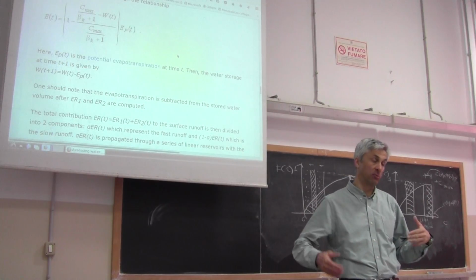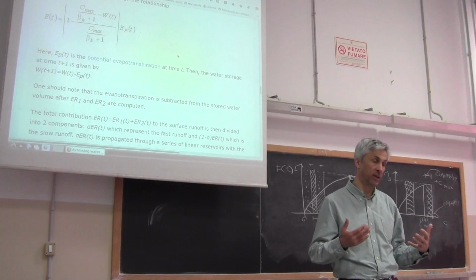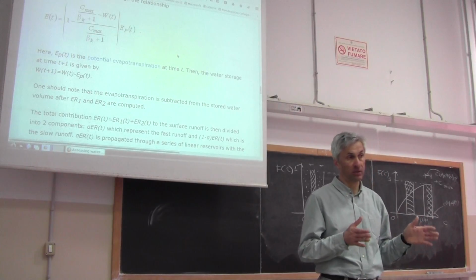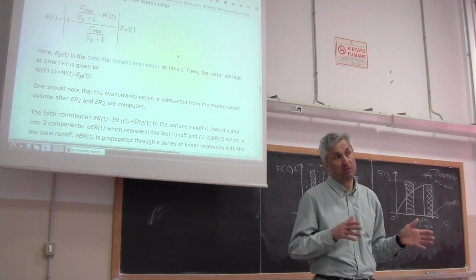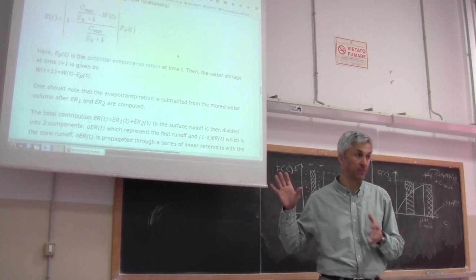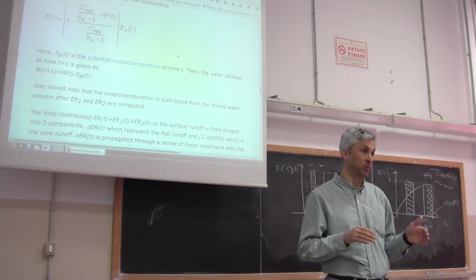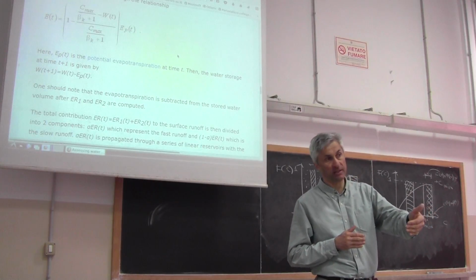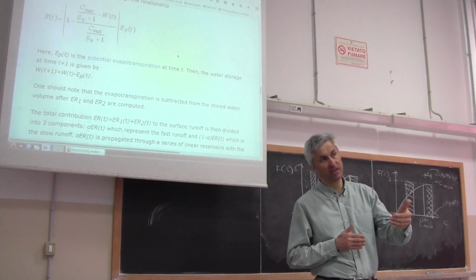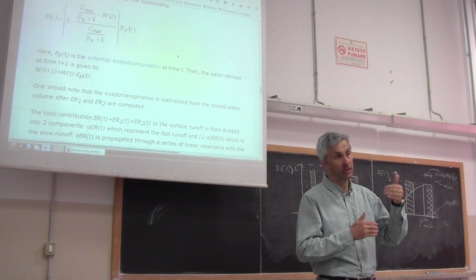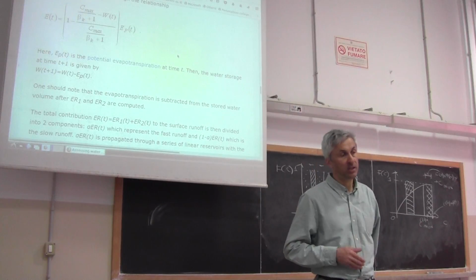And of course, in a numerical scheme, you get different solutions depending on the order that you follow in subtracting, for instance, evapotranspiration. So you may decide to compute the surface runoff and then subtract the evapotranspiration, or you may decide to first subtract the evapotranspiration and then compute the surface runoff.